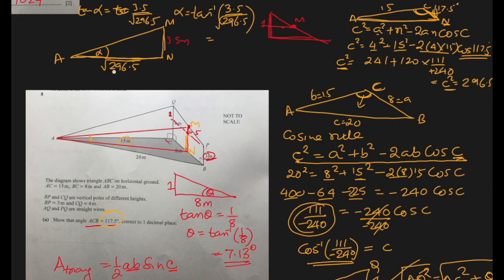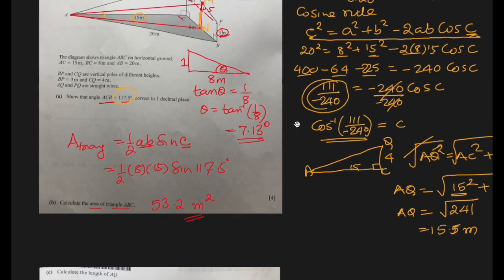So angle alpha comes out to be 11.4895, which we can round up to 11.5 degrees. It was a little tricky and long, but it was worth it because it is worth 5 marks. Our answer for this one is 11.5 degrees. That's the angle.